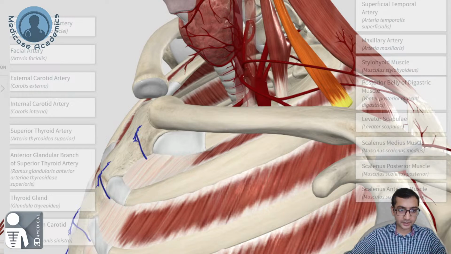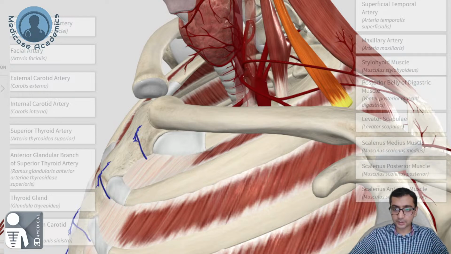And that was the subclavian artery. The transverse cervical, as it goes to the back, usually divides into two branches: a superficial branch and a deep branch. The deep branch forms the dorsal scapular artery.